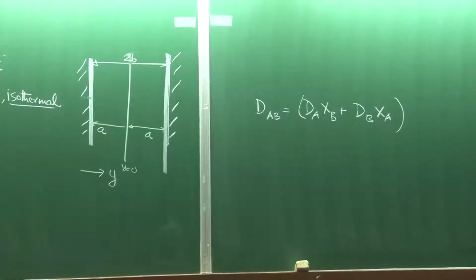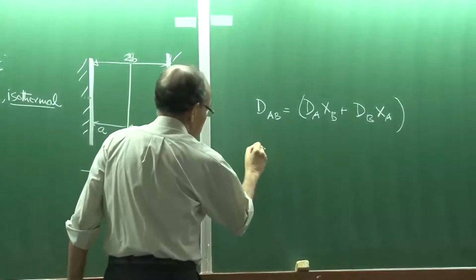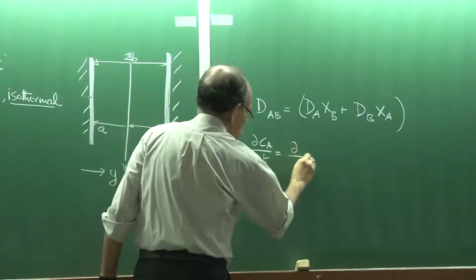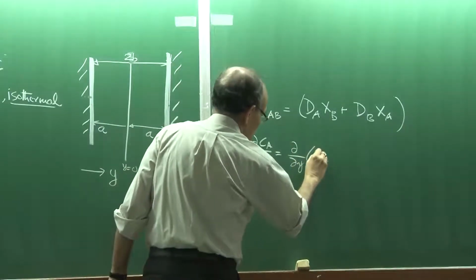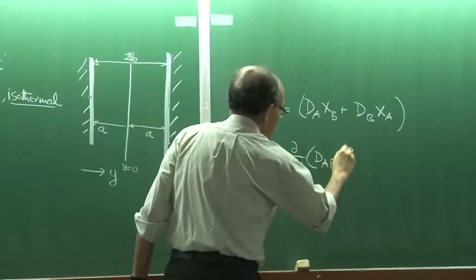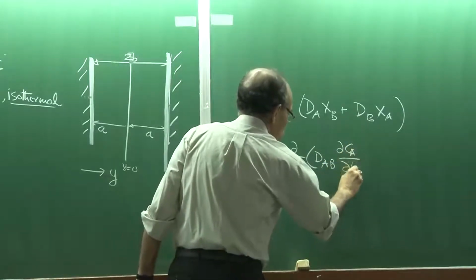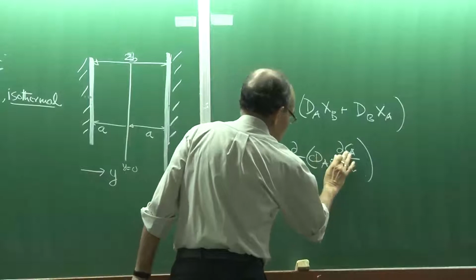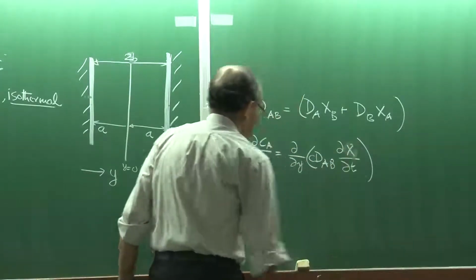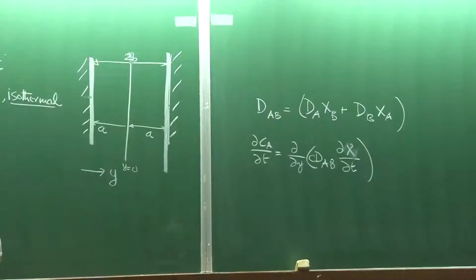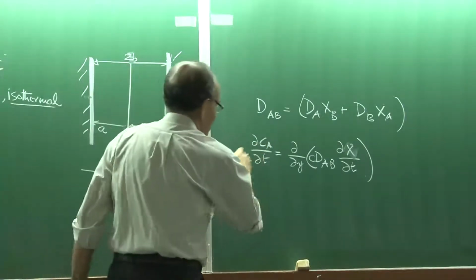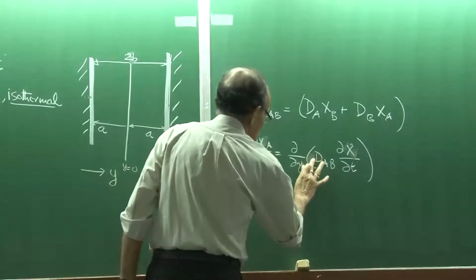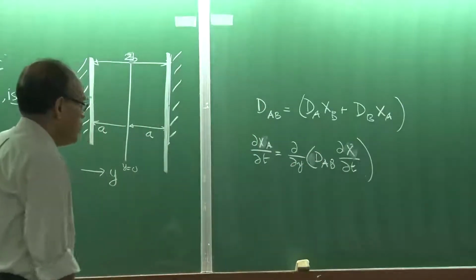And I said that we can have the equation, for example, dCA is equal to DAB, and CA also can be represented in terms of, so CC will cancel out, so I can say XA.